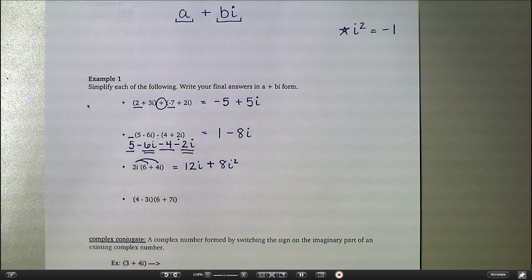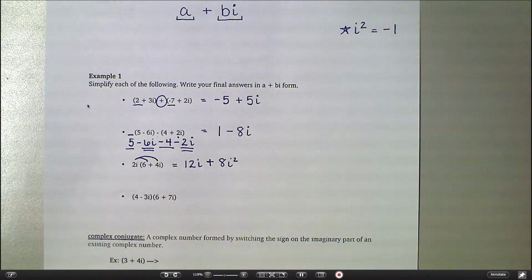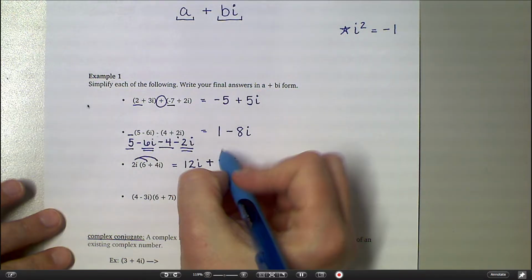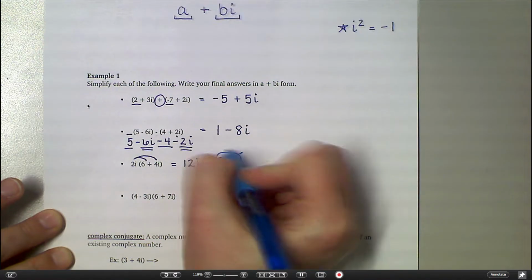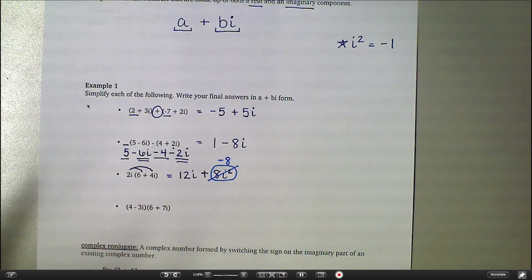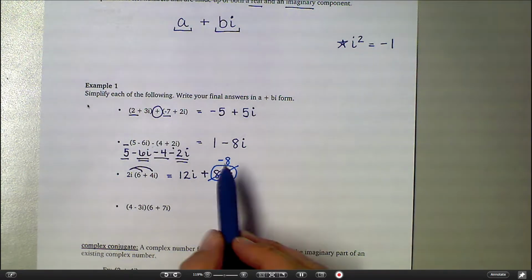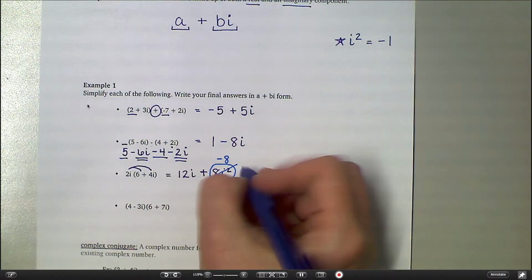Okay? Now, remember what I said up here. Anytime you see i squared, it's really a -1. So this 8i squared that we're seeing right here is really a -8, like a real number, -8. Okay? And so what I'm going to do with that, when I write my final answer, I'm going to put that -8 first, and I'll explain why in just a second.